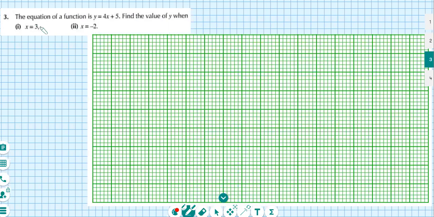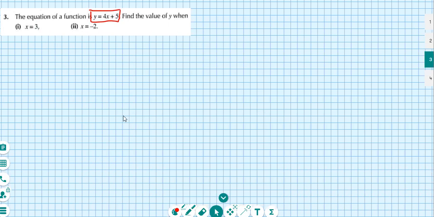Question number 3. The equation of a function is y equal to 4x plus 5. So we have a function. It is actually a linear function, meaning if we plot this function, we have a straight line. Find the value of y when x equal to 3. I'm doing part 1 here. y is equal to 4x plus 5.